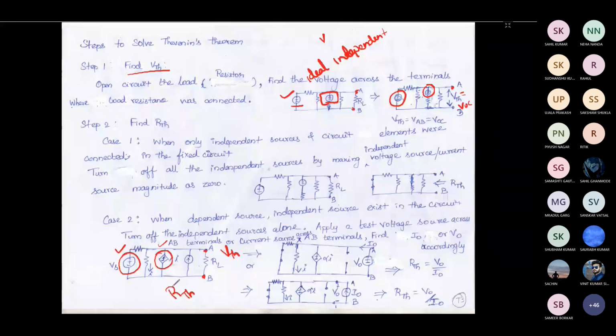When you want to find RTH, I told you, you should replace the sources with their internal resistance, right? So when you have an independent source, you should replace it with its internal resistance.